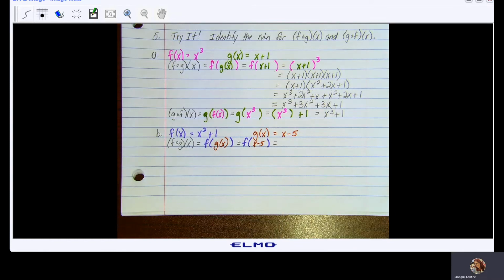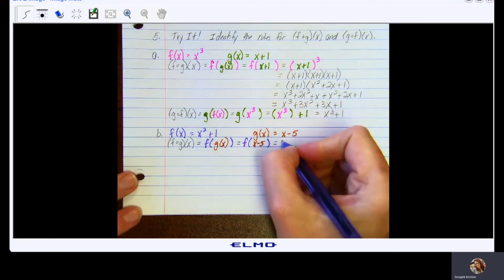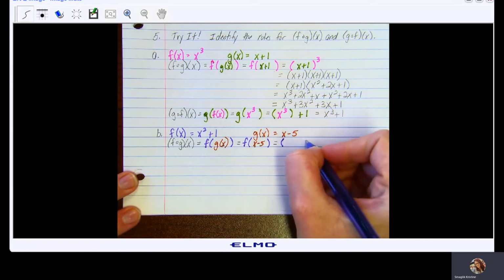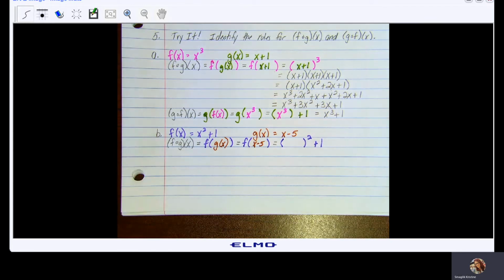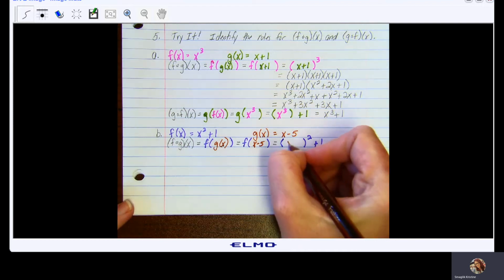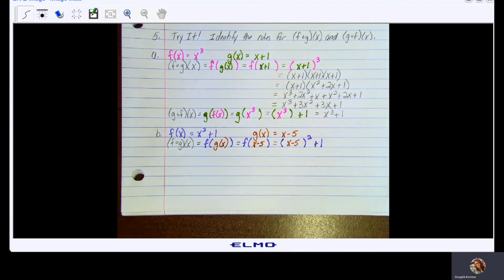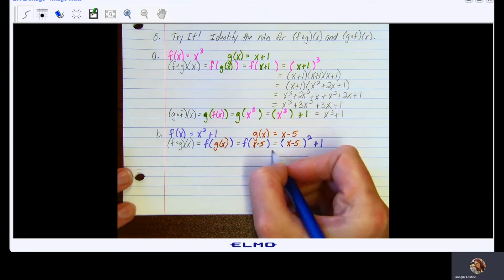So now let's grab function f. Function f is x squared plus 1. So again, wherever I see that variable, I'm just going to leave a space. So it's x squared plus 1. And now let's put in the x minus 5. And now let's simplify.